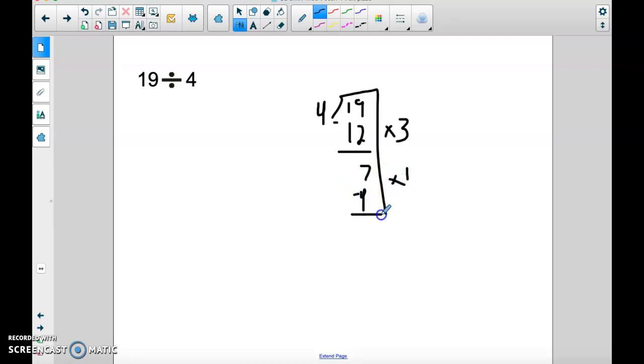Take away 4, left with, oops, not left with 0, left with 3, right? So my answer would be 3, remainder 3. Wrong. And this is what we're talking about, guys. You can't just put remainder 3, right?